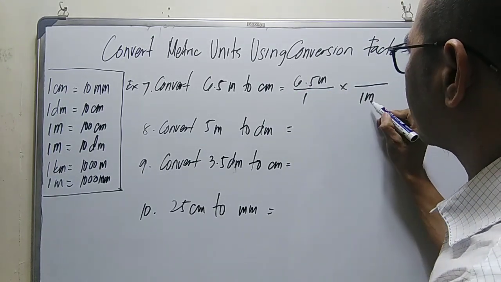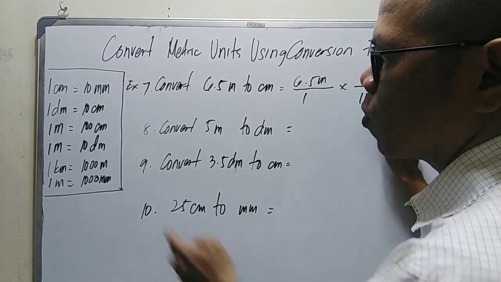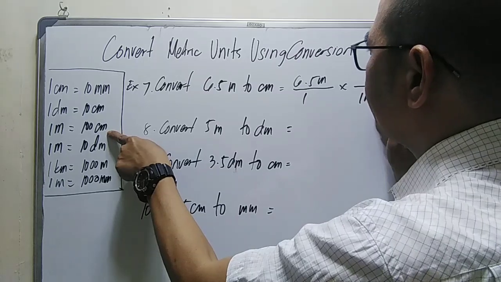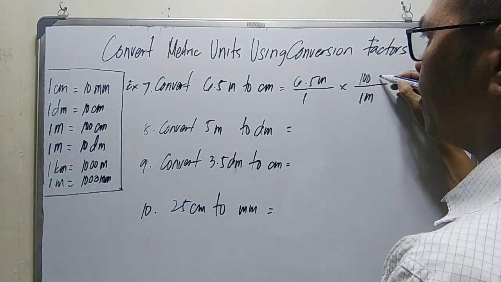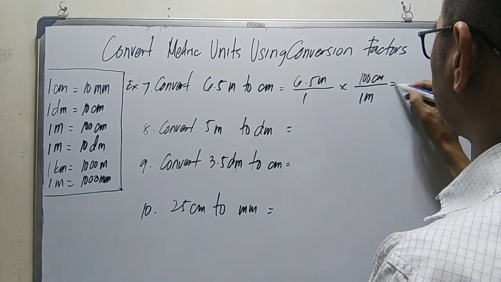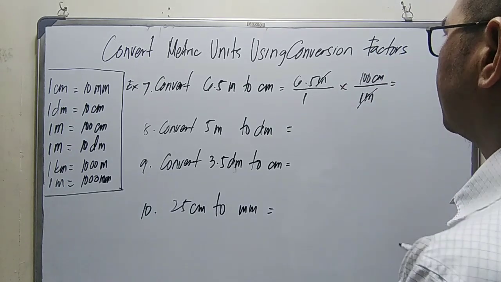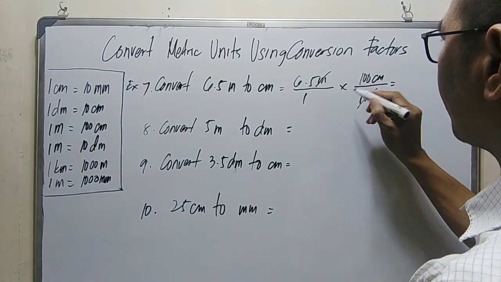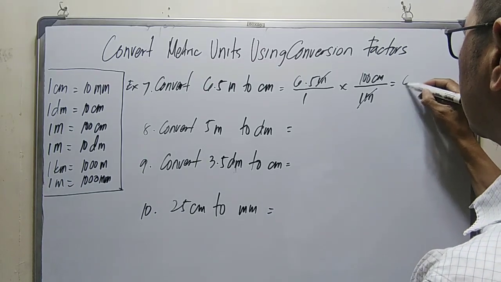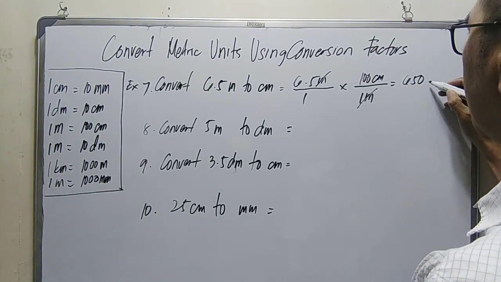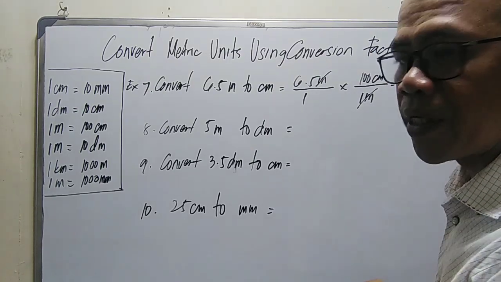So, yung 1 meter, equivalent niya in centimeter, that is 100 centimeters. Equals, i-cancel natin niya si 1 meter, saka si 1 meter. So, 6.5 times 100 centimeter, that is equal to 650 centimeters. Okay, your final answer sa number 7.